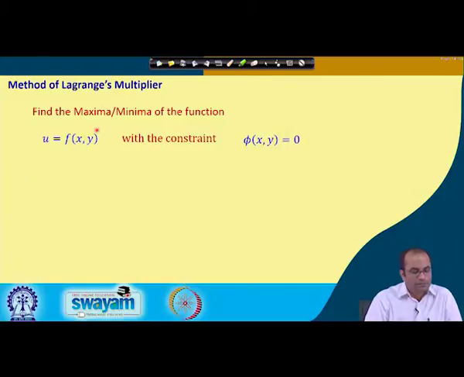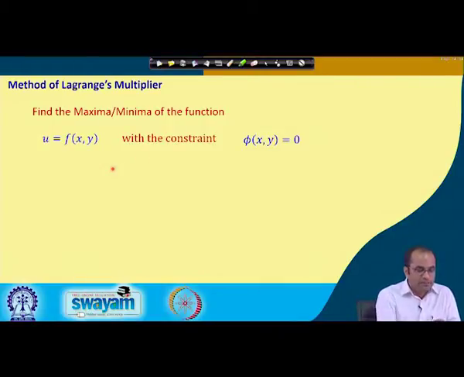Today, with the method of Lagrange multipliers, we do not have to substitute the value of y and get a function of one variable to proceed for extrema. We have a direct method, without substituting, to get all the critical points where the function may take a maximum, a minimum, or it may be a saddle point.